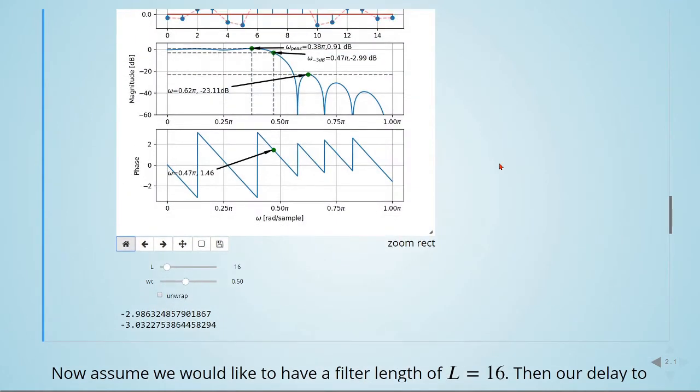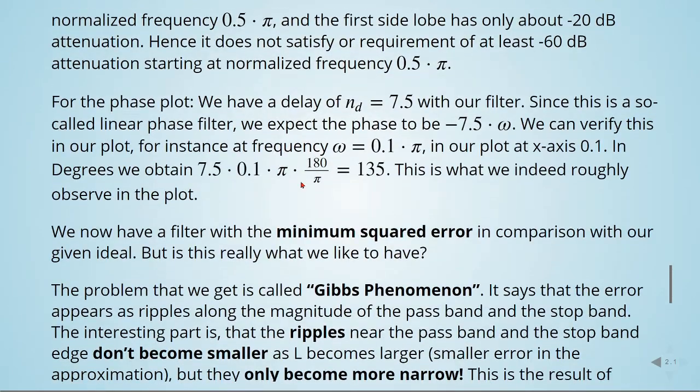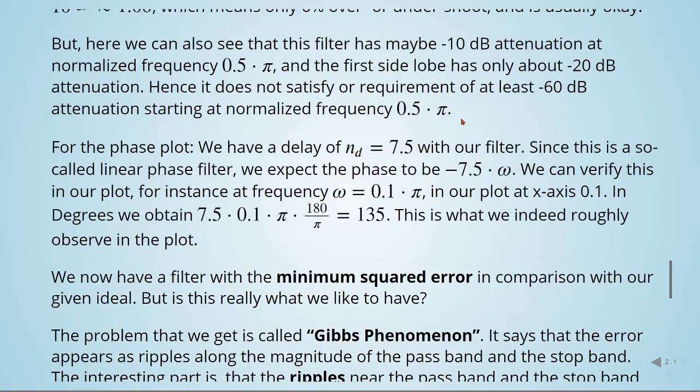We are not in degrees here, but you can also look at a value for omega and see the angle, and you just make these calculations and you see that this is how we verify the delay.